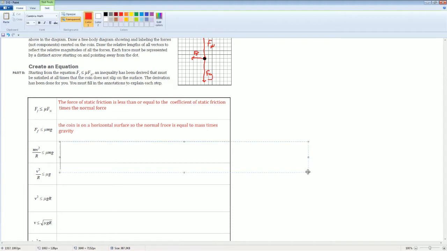Here they made a substitution. It looks like the force of friction became mv squared over r.